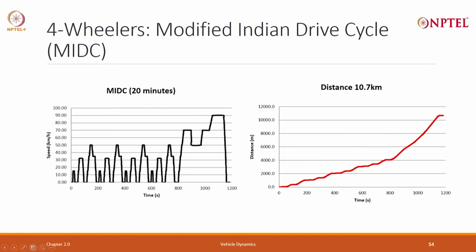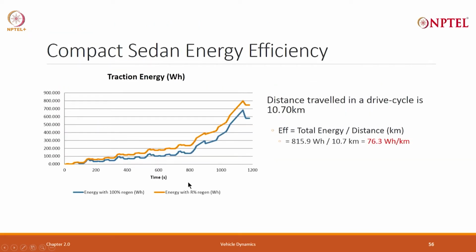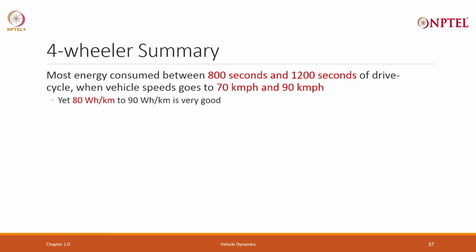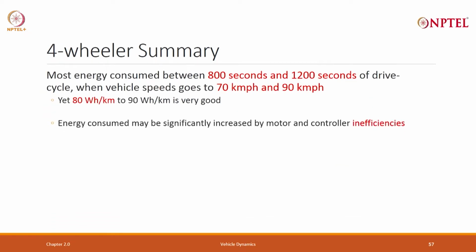This is the time the vehicle is going up to very high speed, 70 and 90 km/h. Now, at 70 to 90 km/h, that is the time drag takes over, and that is the reason most energy is consumed there. So, if I do not drive at that speed, I should get very good energy efficiency.